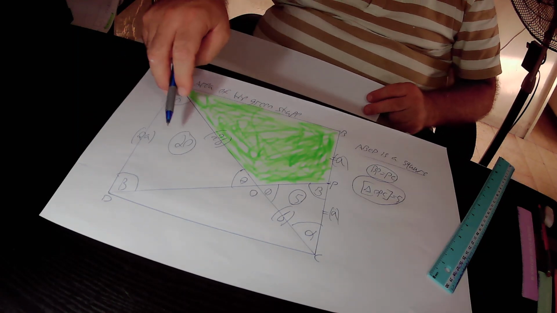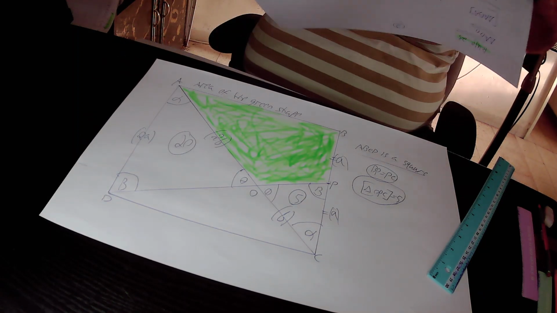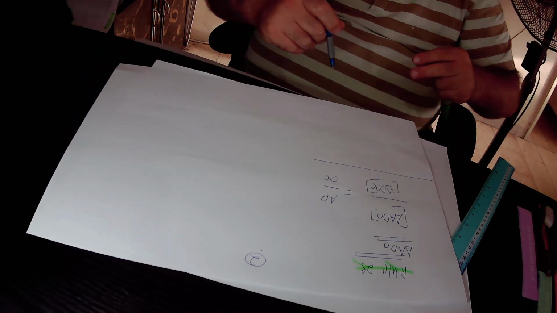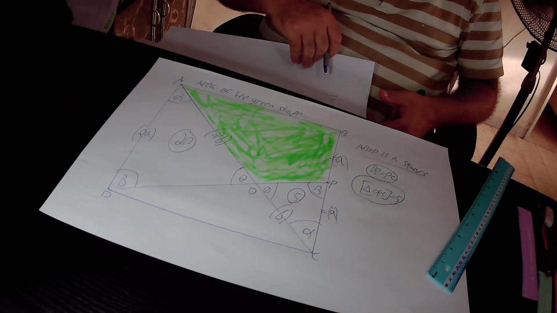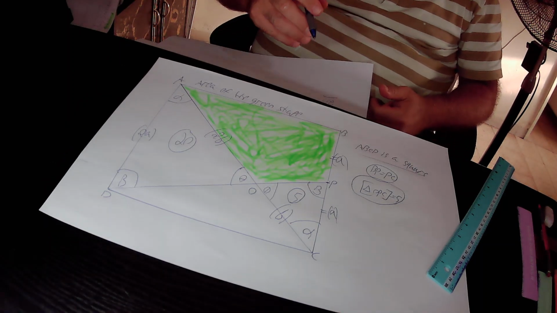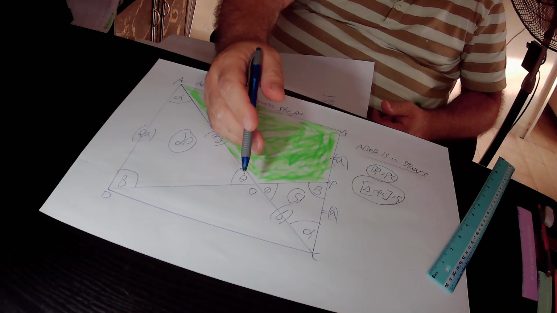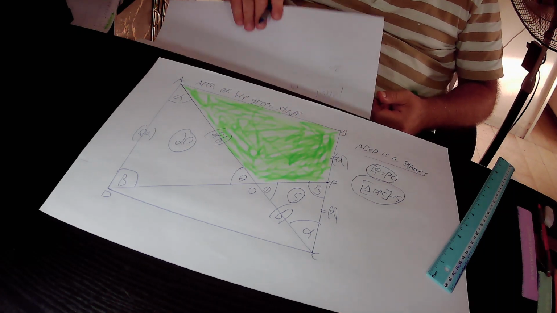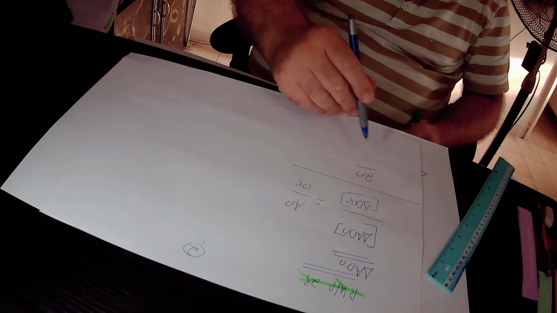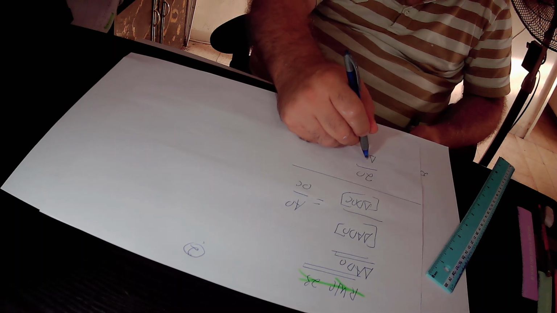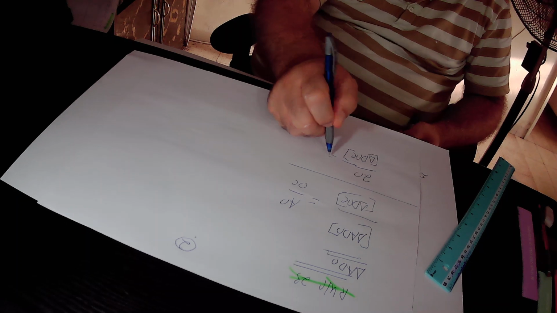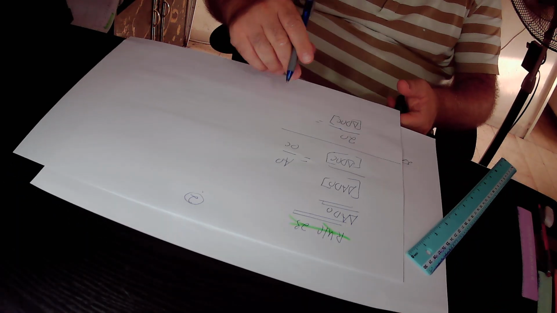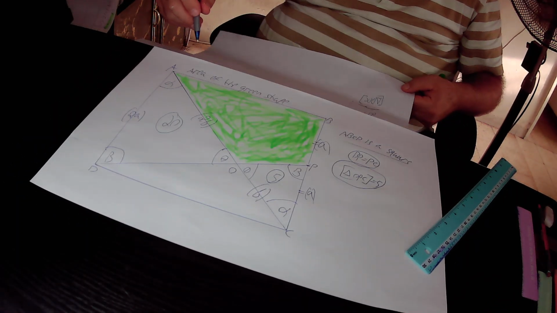The area of this triangle ADO is 20 square units, so substitute the area of triangle ADO by 20 over the area of this triangle, triangle DOC. The area of this triangle DOC is unknown, so we leave it as it is. It is equal to AO over OC.